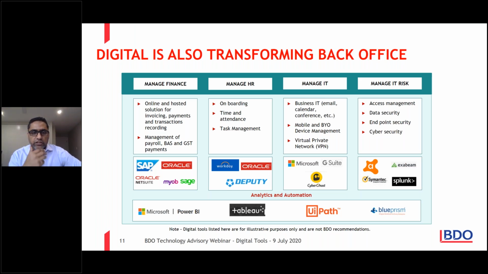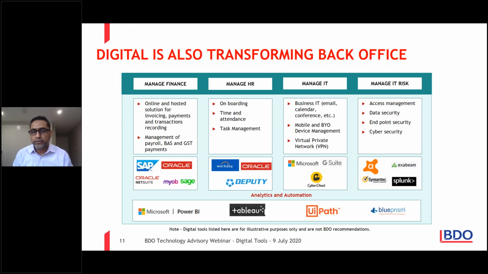And then linked to that is security through VPN. Again, that is a box that has so many more capabilities coming into the market. So we have put Microsoft G Suite, CyberGhost as some of them, but the market is very mature and very rich in that area.